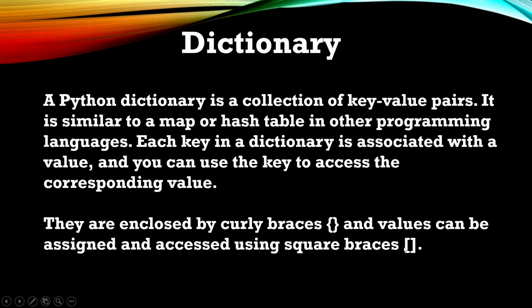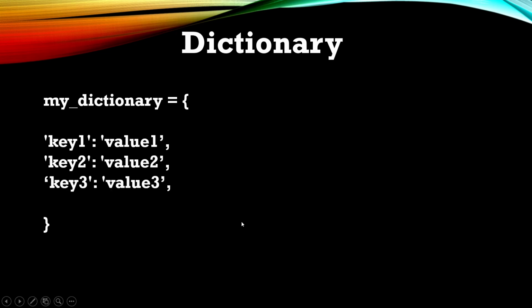So let's see the syntax of a dictionary, how we can assign one. Here is my dictionary equal to, we have to use the curly braces, provide the key, colon, and then give the value for that key, comma, key 2, colon, value 2. This is just the syntax of creating a dictionary.